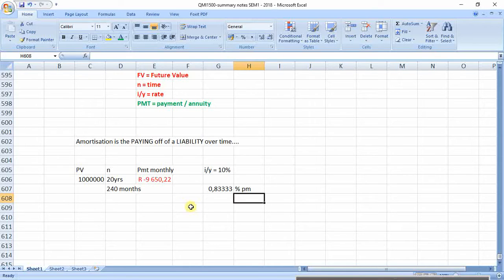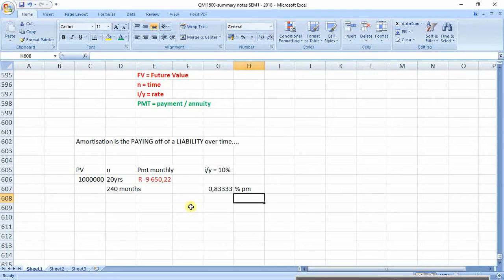And then the rate is 0.8, and that's the Y. And then compute the payment, compute PMT. Oh, that's what I'm not doing. I didn't press compute.